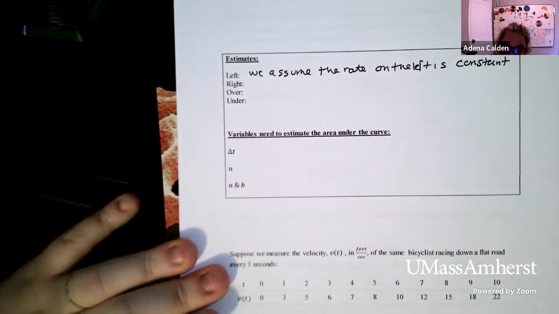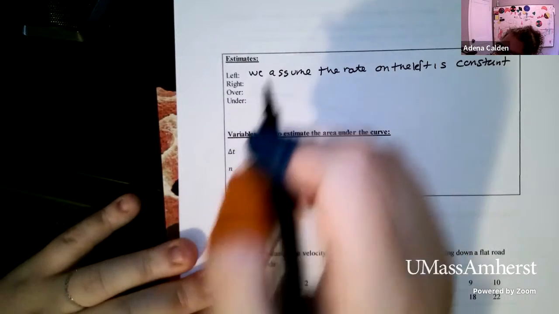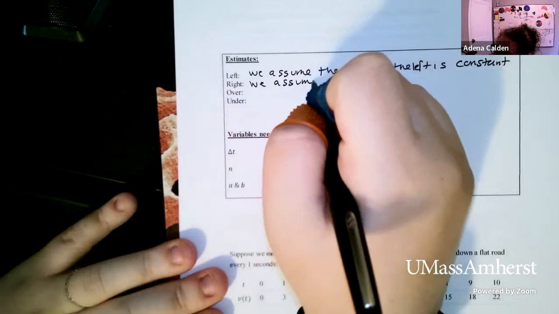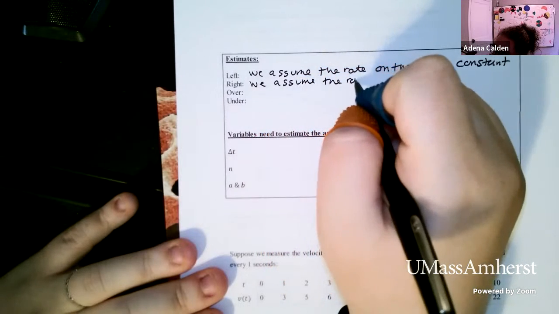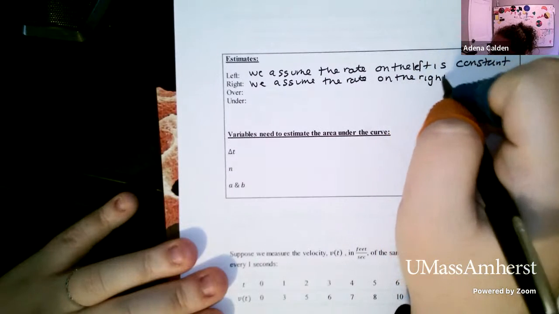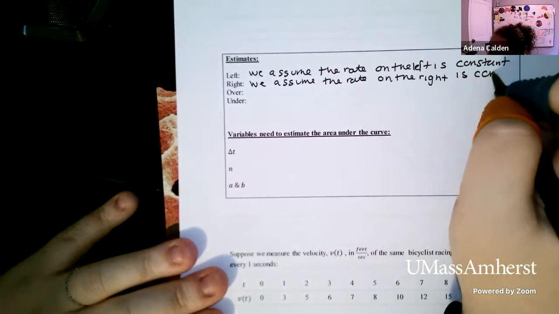Okay, so we're picking the one on the left each time. Same thing over here with the right. We assume the rate on the right is constant.